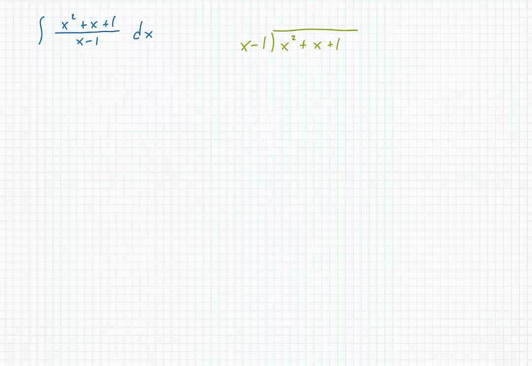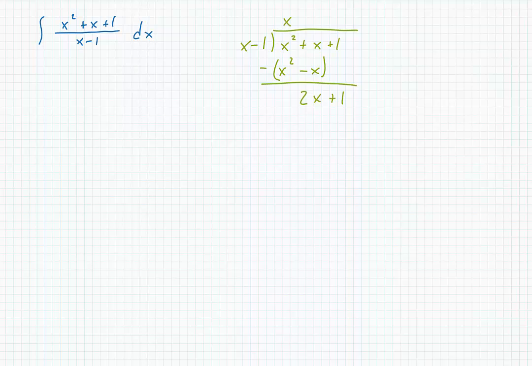We take the x from x minus 1 divided into the first term x squared. It goes x times x is x squared. x times negative 1 is minus x. We're going to subtract all of that. So x squared minus x squared is 0. x minus a negative x is x plus x, or 2x. And we get 2x plus 1.